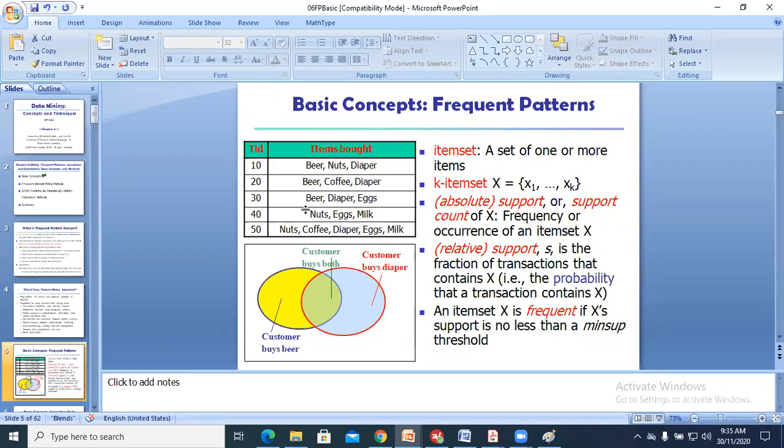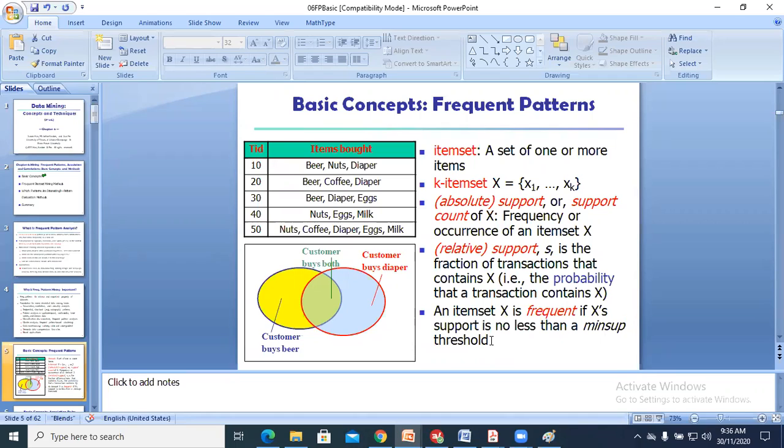So that is the relative support, that is, what fraction of transactions include the item beer. The item set X is frequent if its support is not less than the minimum support threshold.